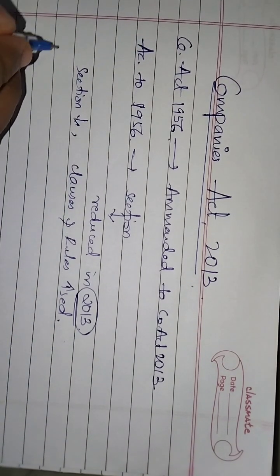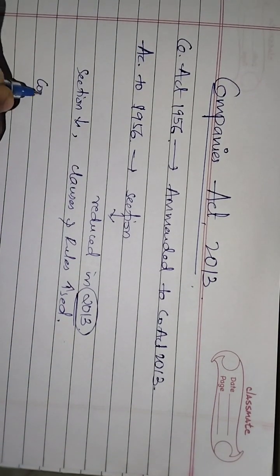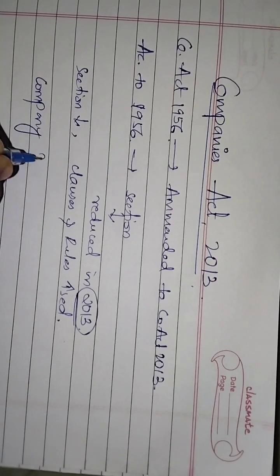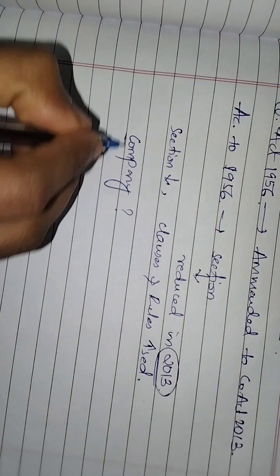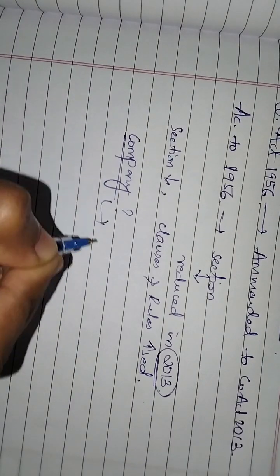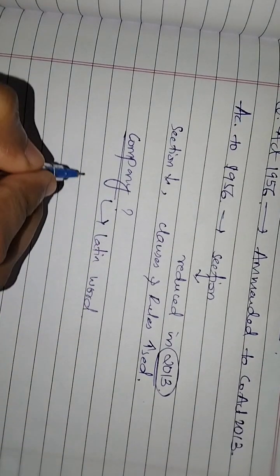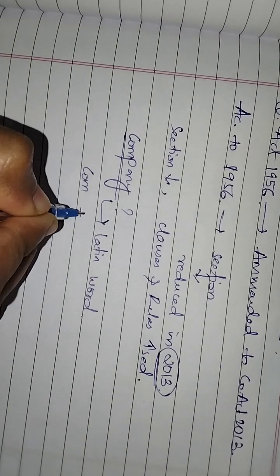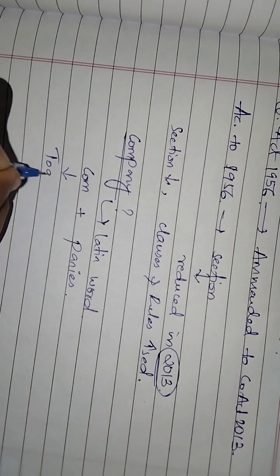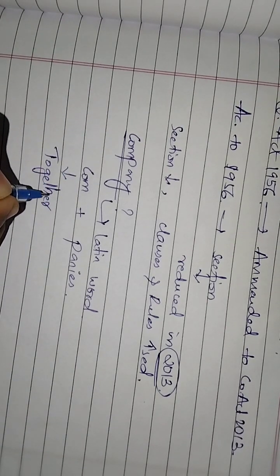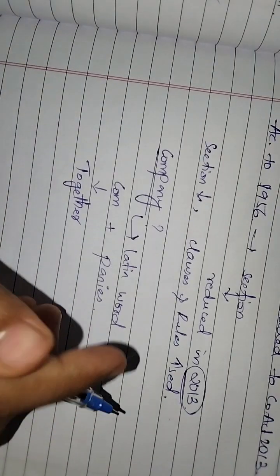Now let's understand what the word company means. What is a company, and what is its origin? The word company came from a Latin word, com plus panis. What do you mean by com? Together. Com means together.